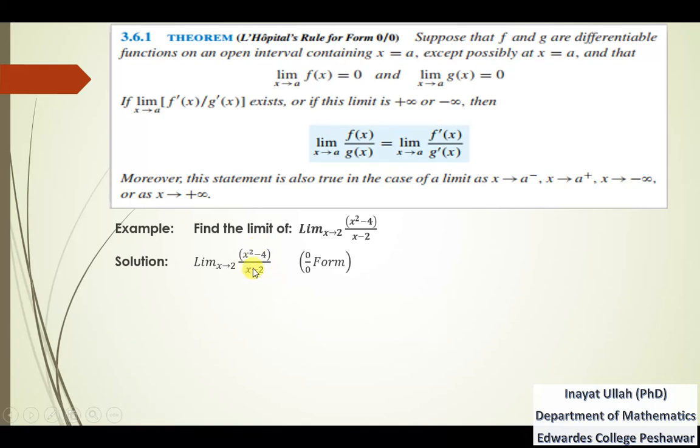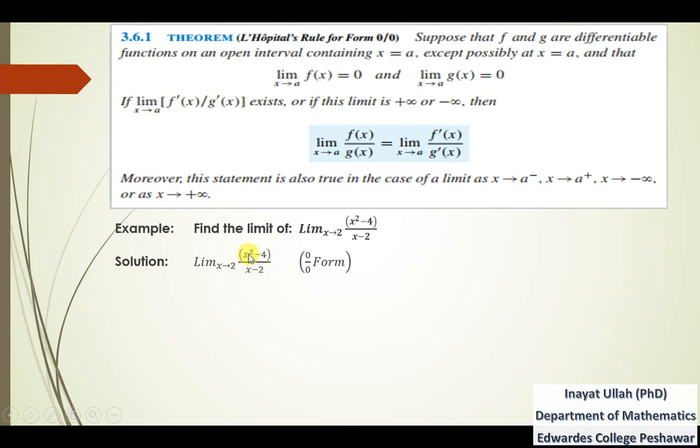In the previous topics, we factorized this numerator and cancelled like terms to remove this 0 by 0 form. But now we will apply L'Hopital's rule to find the limit of this 0 by 0 form. Now what is the criterion?